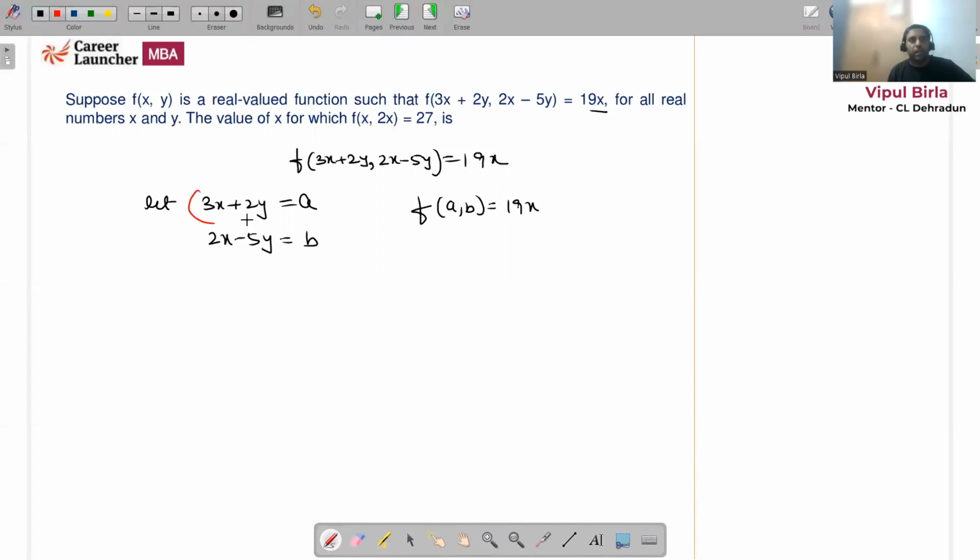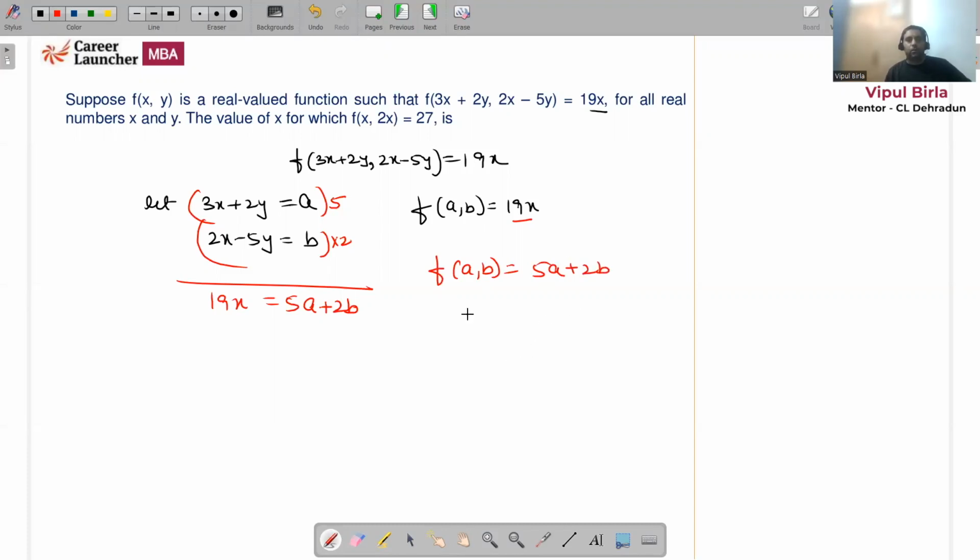If we multiply this equation with 5 and this equation with 2 and add these two, y will get cancelled, and once you solve it, 15 plus 4, 19x is equal to 5a plus 2b. So that means this 19x can be directly replaced with 5a plus 2b. Hence we got to know f of a, b is equal to 5 times a plus 2 times b.